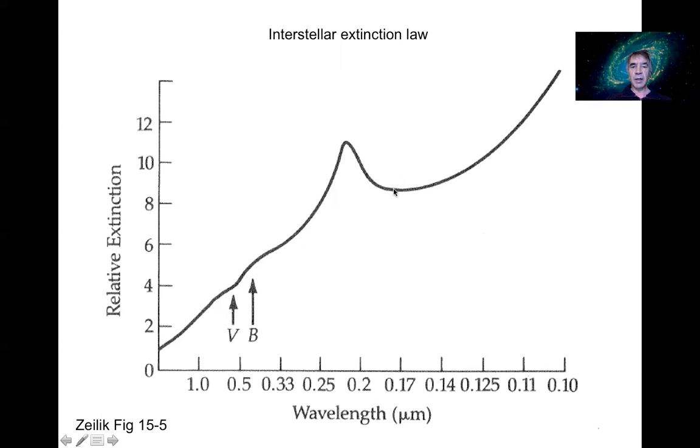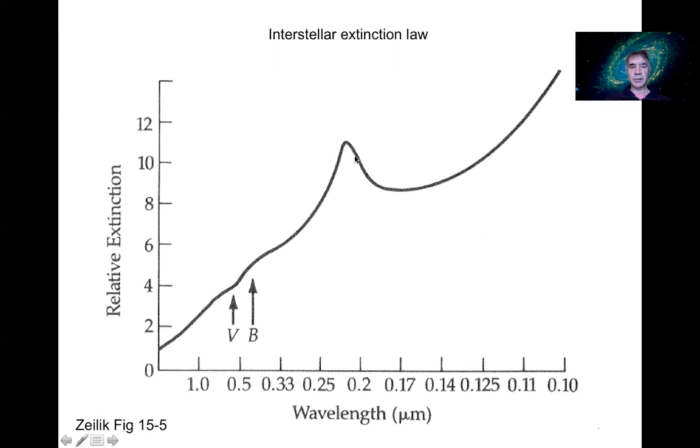Just out of interest, and again, it's not part of the assessed bit of the module, this is how we know what the dust is made of. This bump here in the ultraviolet is due to grains made of carbonaceous materials, so carbon-rich material. If you took a reflected spectrum of the graphite in your pencil, you would see a feature at around about this wavelength as well.